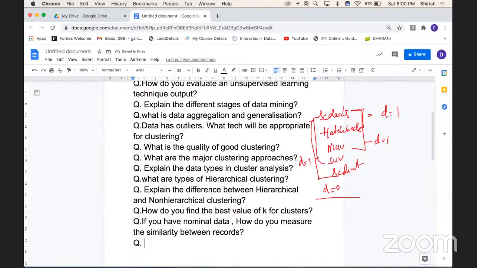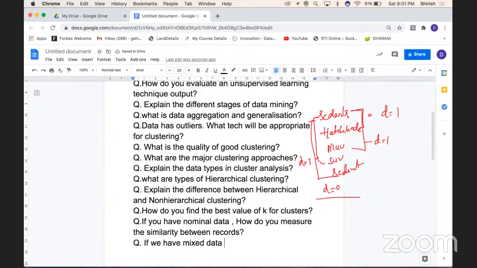How would you do that? Now your answer comes into the picture. If we have mixed data, yeah, now it's correct, right?